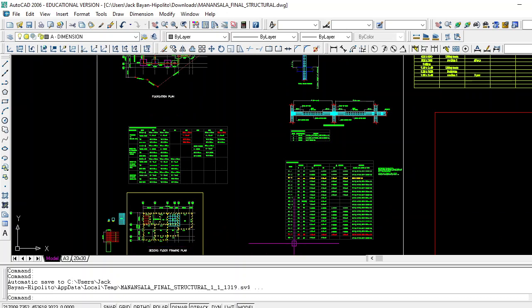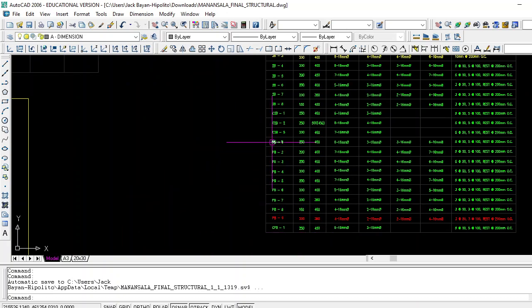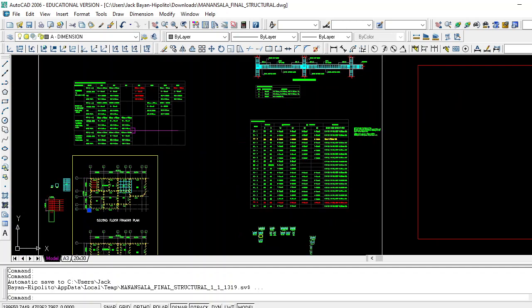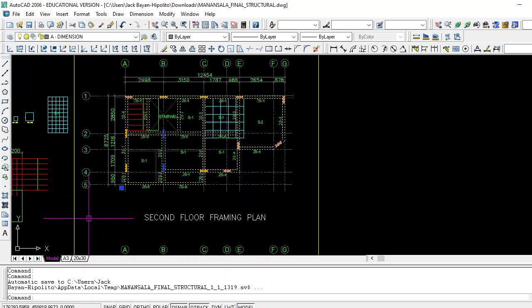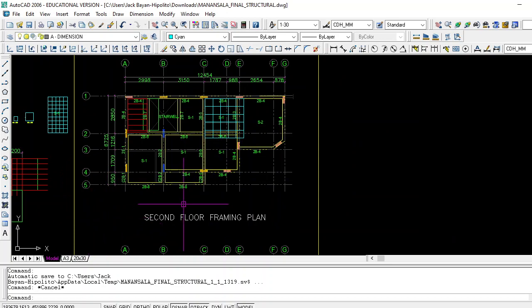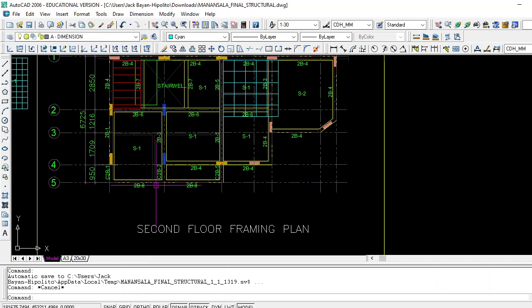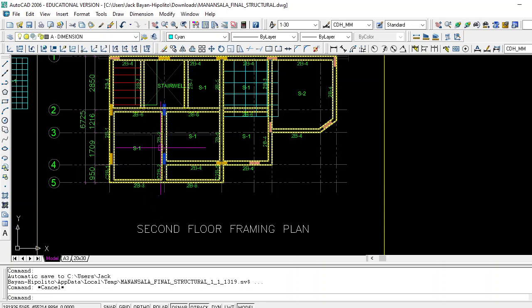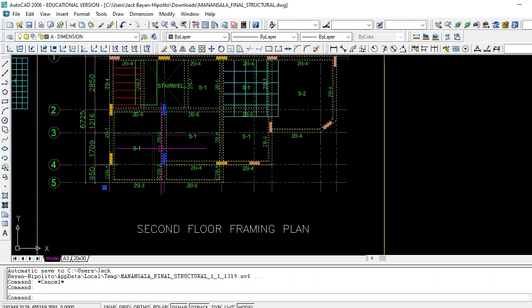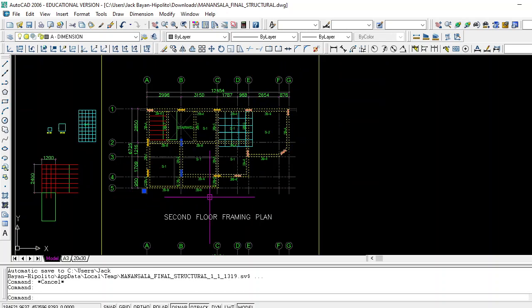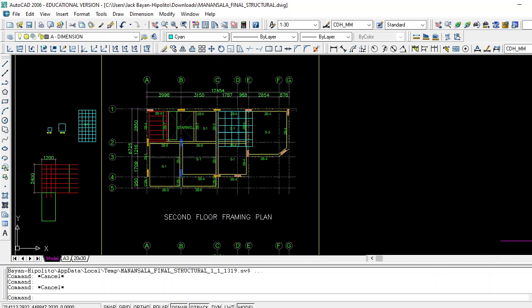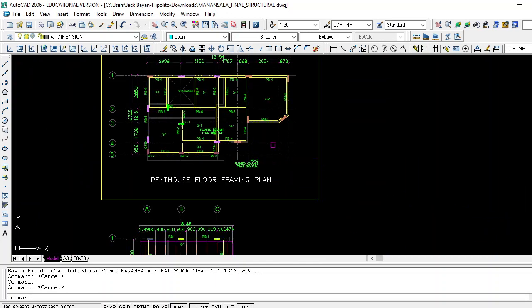It is actually similar to determining beams. Okay? So, yung column nyo, if you are given here your second floor, you will be required na lang to estimate the total concrete works for your second floor framing here. Okay? And then, for your penthouse.